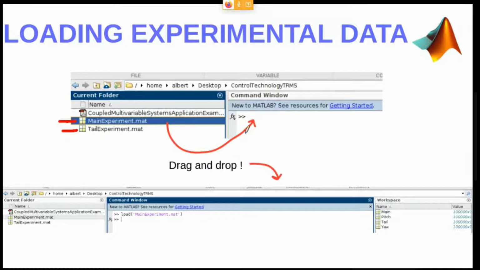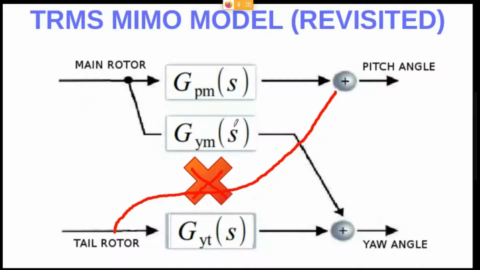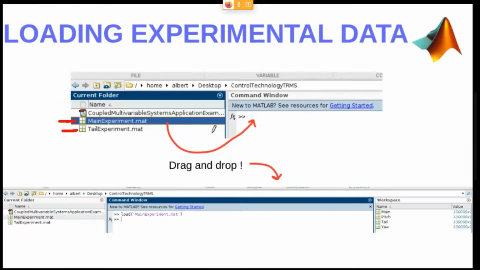So we drag and drop now, for example, the main experiment, and thanks to the main experiment, we will be able to find the 2 transfer functions that are caused by the main rotor voltage application, right? So these 2 transfer functions will be found at first. Once we have dropped this file here in the command window environment, then 4 variables appear at the workspace, right?